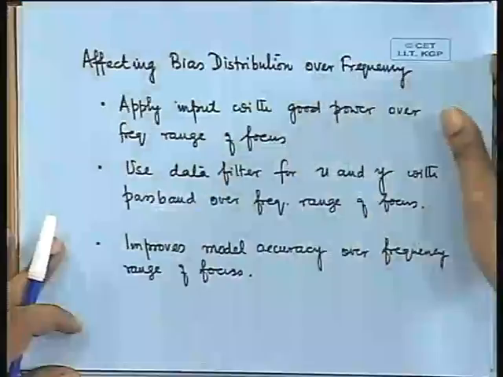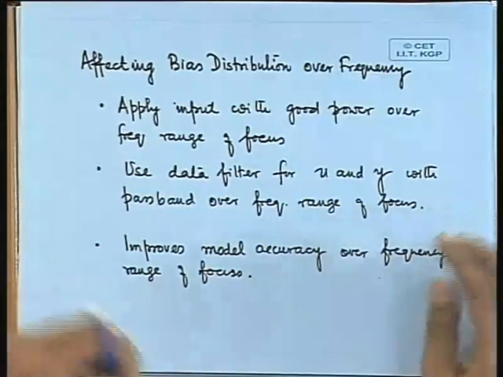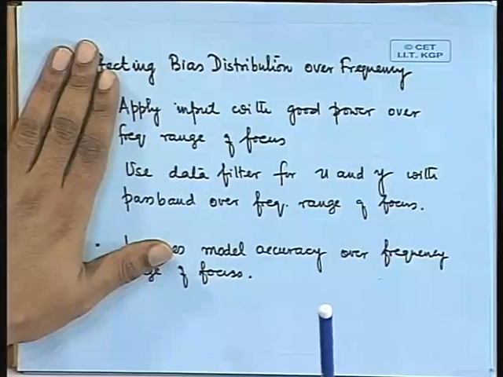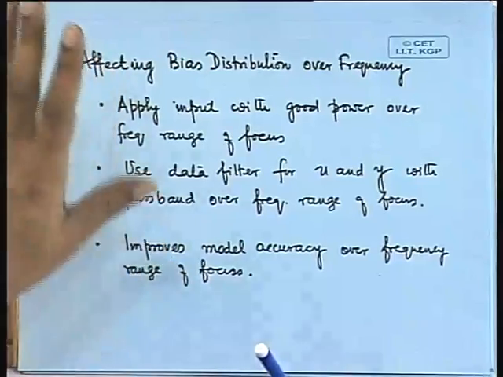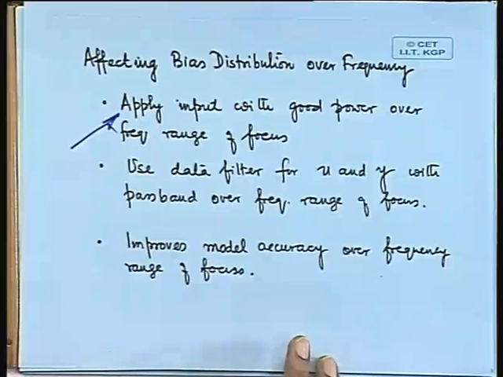Last thing is, maybe I should stop because there is somebody waiting here. I just wanted to say that there may be situations where you want to focus your estimator towards certain frequency bands. You want to know the low frequency properties very well, and don't care so much about high frequency properties. In such a case, you have to apply input which is rich in low frequency.